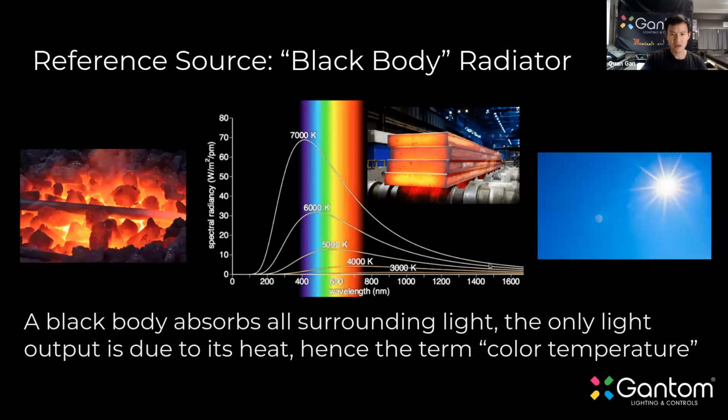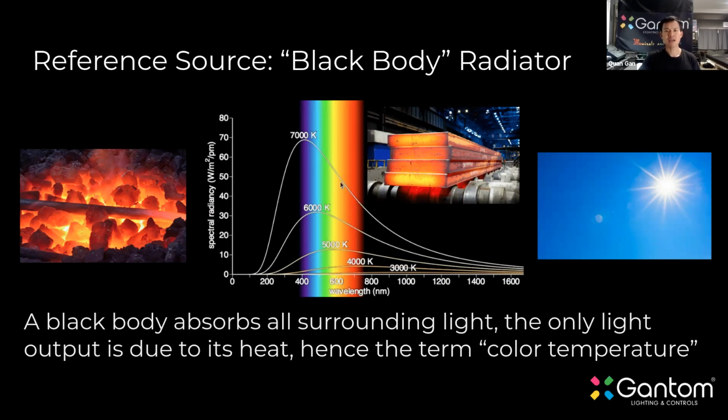So again, every object above absolute zero is emitting light, but we just happen to see the light when it gets hot enough. And so the color temperature, which you'll often see referred to as some number of degrees Kelvin, really is an object at that heat level that is going to generate that type of light.